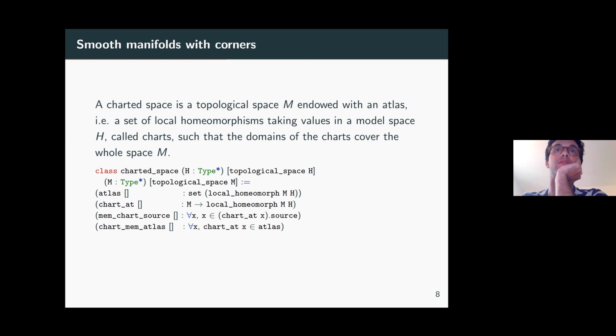Also, the last concept we need is that of a charted space. This is just a generalization of a manifold. The term might not be that familiar, but it's nothing new really.